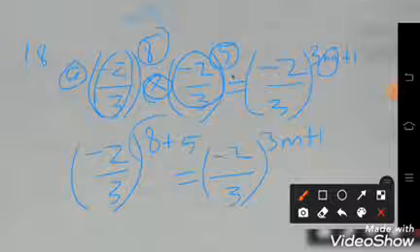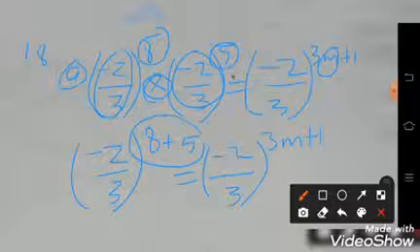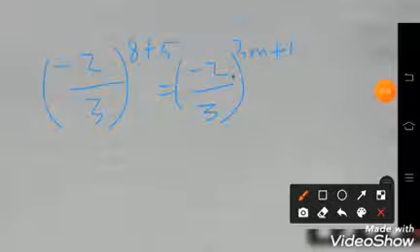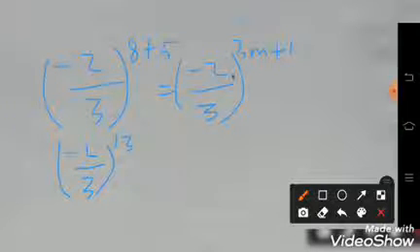Here you add the exponents together. Then how much will you get? 2 by 3 to the power, 8 plus 5 is 13, this is equal to minus 2 by 3 to the power 3m plus 1.